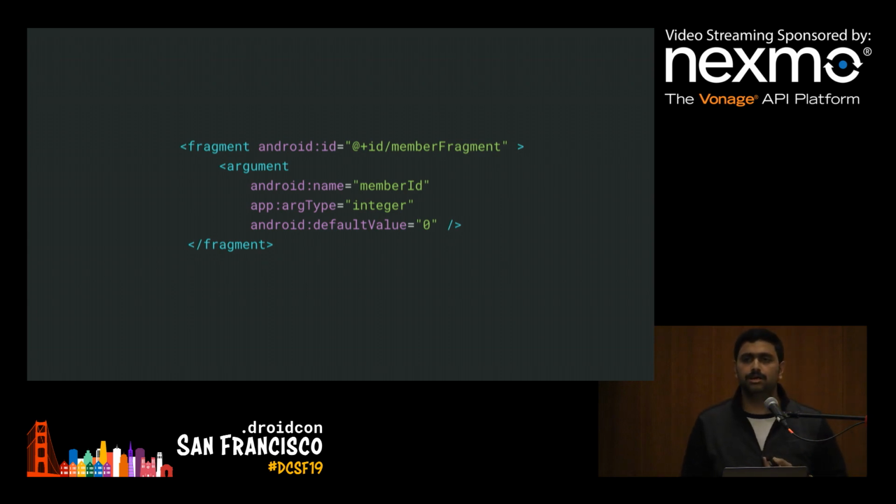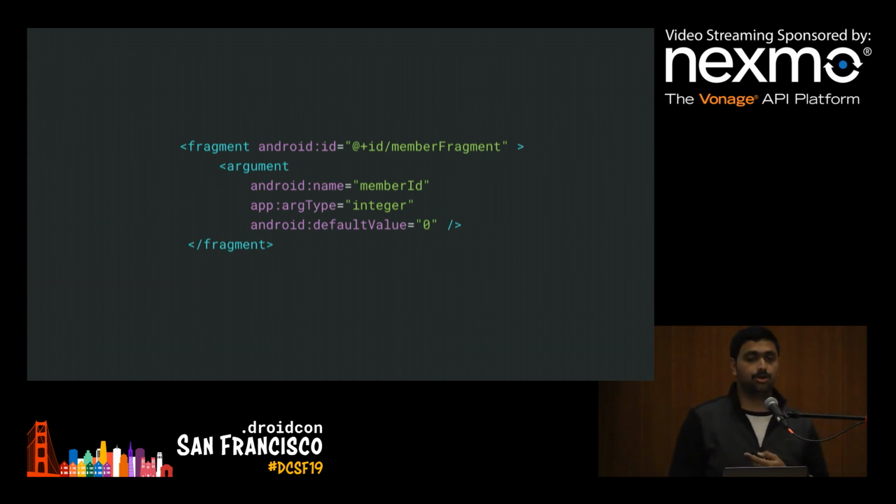One of the things that happens to me a lot is I forget the key identifier of the bundles that we pass around, and we also don't know the type. Let's say that we are passing in the member ID. It doesn't matter if it's a string or an integer, and you have to remember what type you're sending. There are a few ways with navigation components where you can solve those things.